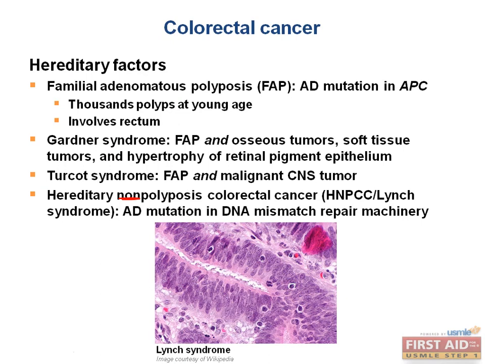Instead, small adenomas in the colon, which are easily overlooked on colonoscopy, can harbor advanced cancers that would usually only manifest in large polyps. Lynch syndrome is autosomal dominant and involves mutations in the DNA mismatch repair machinery.